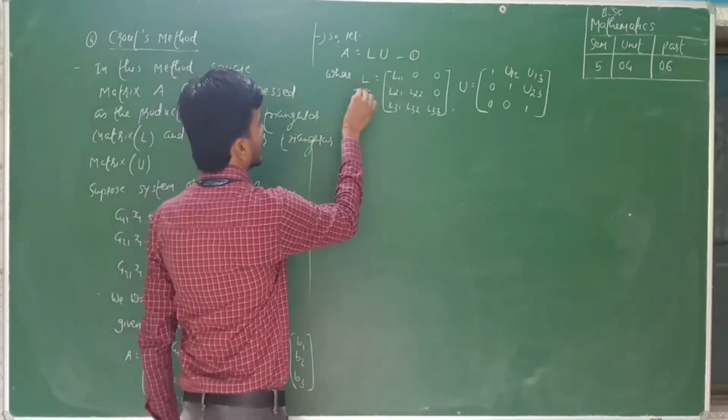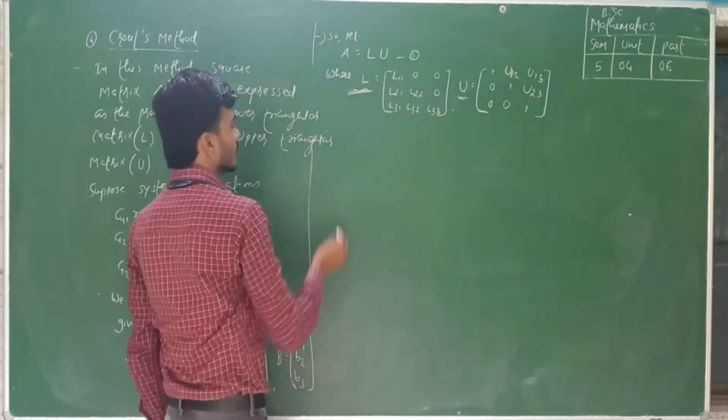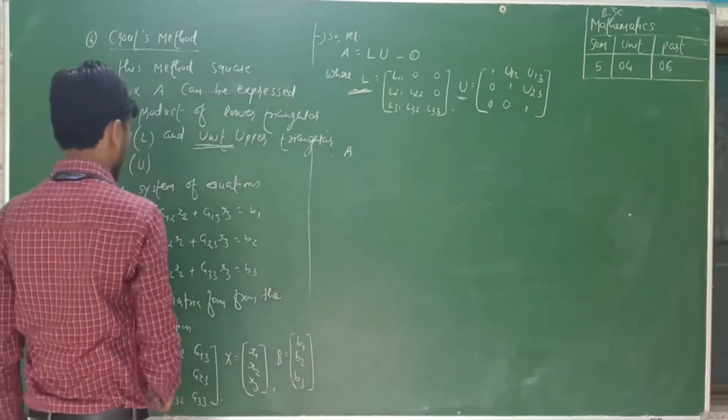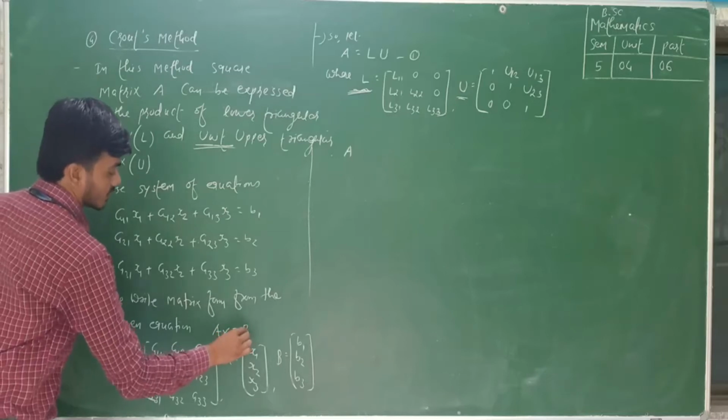Once we know the values, we know the matrices L and U. This is the form AX is equal to B.